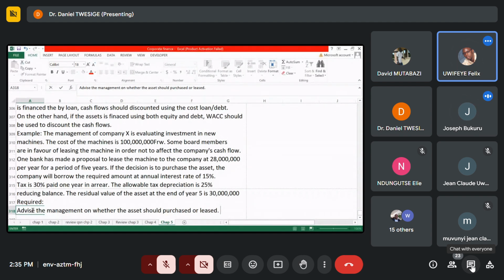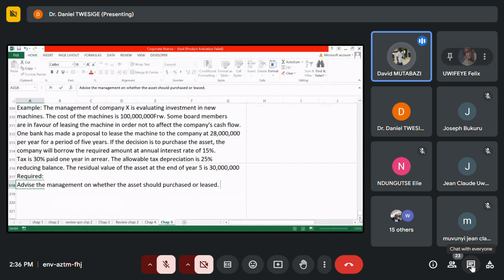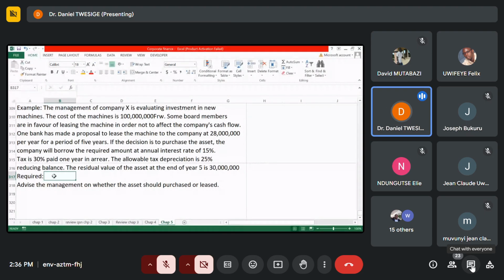Now, maybe what I've not mentioned in the lease is whether the lease is paid in advance or paid earlier. We are assuming the lease is paid in the same tax period.